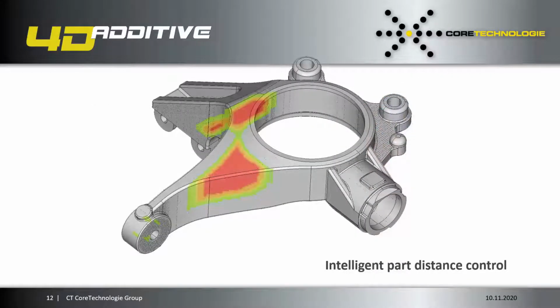Let me show you here the explanation of the intelligent part distance control. In the first step, for example, if we take HP Multi Jet Fusion, then it's recommended to have 5 millimeters distance part to part, but by the tool, it will be recognized that there is a lot of heat distortion here in this part, and therefore the distance is automatically increased by the coefficient.